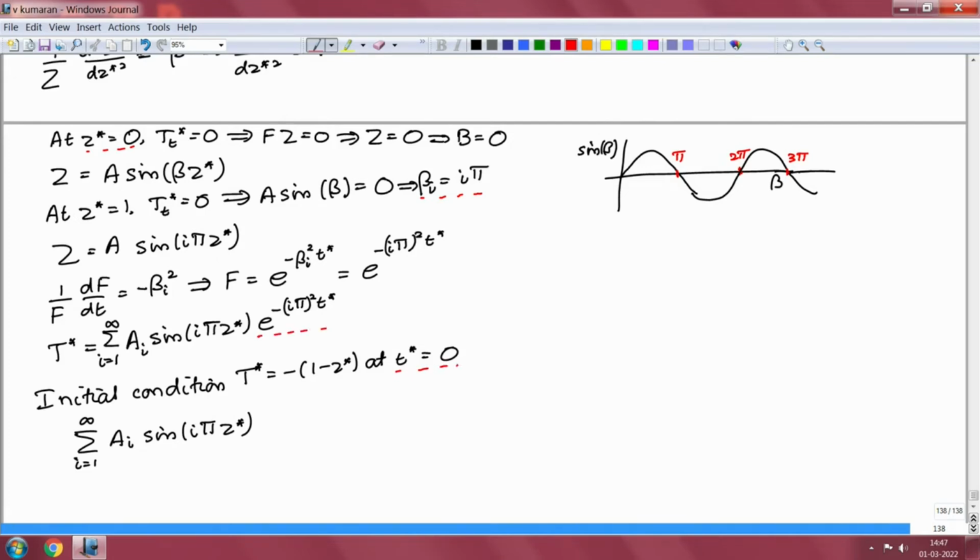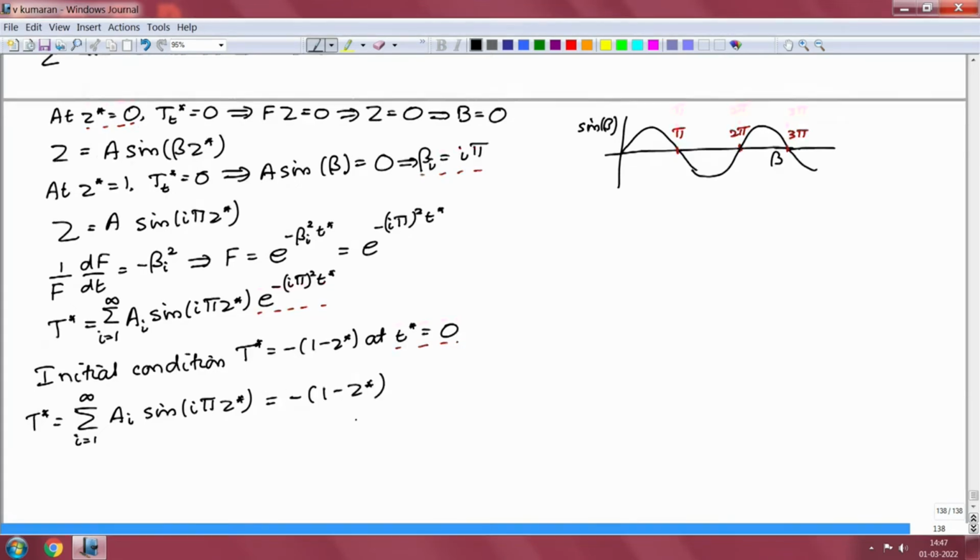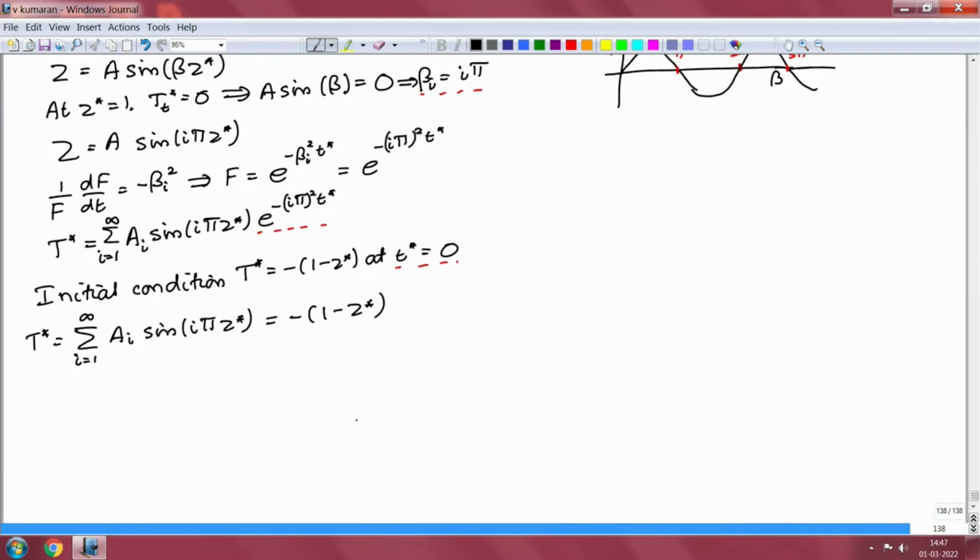So, the solution becomes T star equal to minus of 1 minus z star. So, it appears that we have an infinite number of equations and just one constant. How do we solve this equation in order to get the solution?